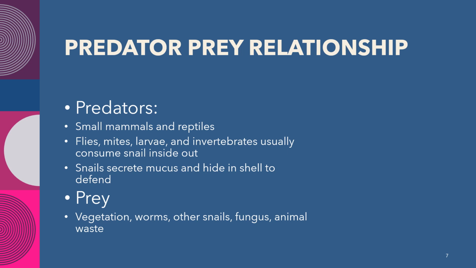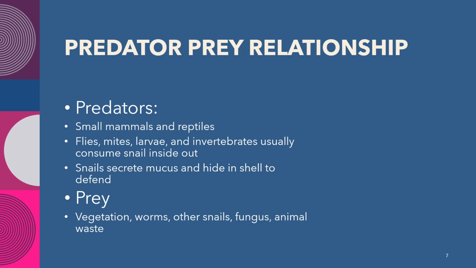The larger of the small animals will eat the snail whole, while the smaller ones, like the larvae and mites, will usually find a way inside the shell and start consuming the snail little by little. To defend themselves, snails secrete mucus that is poisonous, or they hide within their shell, and that usually keeps them safe from the larger predators.